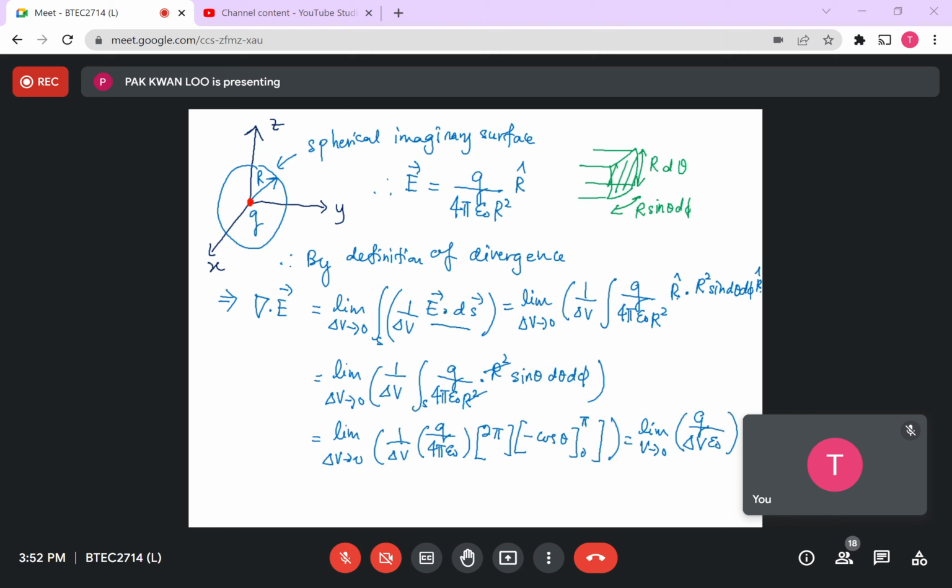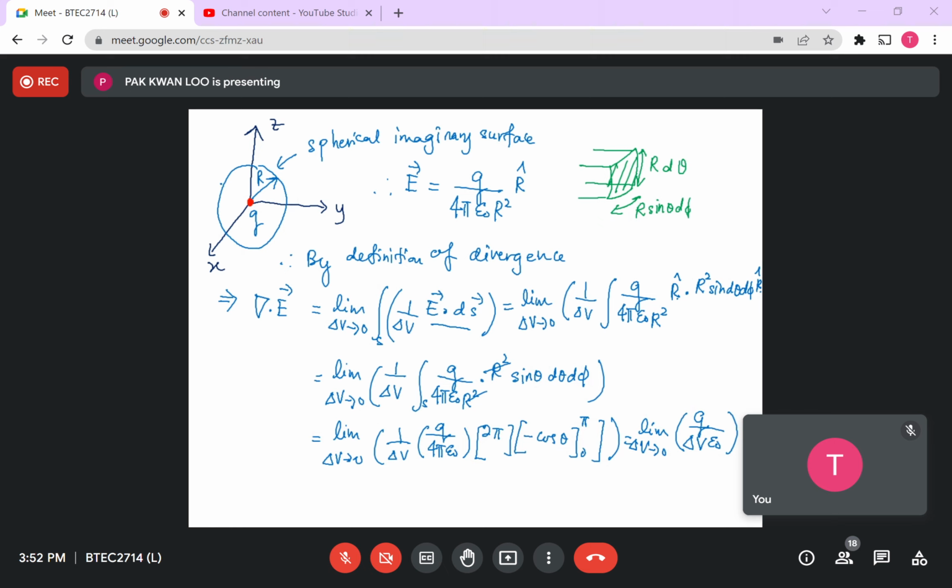Okay. So here you can see it is q over delta v, right? So if the limit of delta v, this represents the volume, the volume enclosing the point charge.